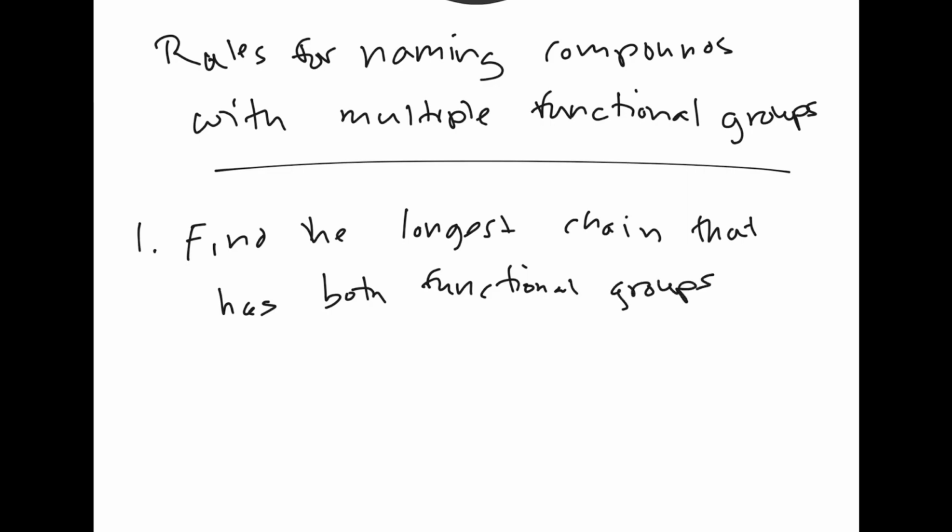The first thing you want to do is find the longest chain that has both functional groups. I'm going to try to make that just be the longest chain, but it just makes it way easier to number if your longest chain has both functional groups in it. Because if you don't, brackets become involved, and brackets are scary. Parentheses are fine, brackets bad.